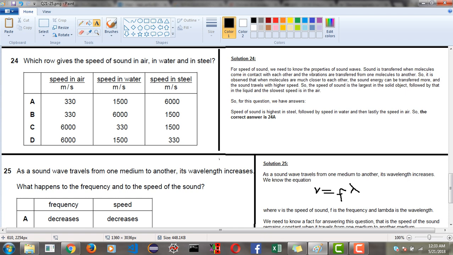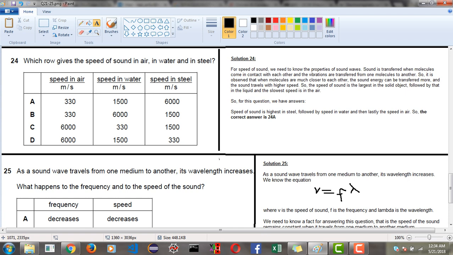And it is also observed that when molecules are closer to each other, the speed of sound is also higher. So it is observed that the speed of sound is the largest in a solid object, then it is followed by liquid, and the slowest speed is in gas, that is air.